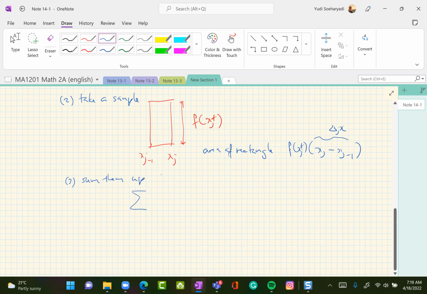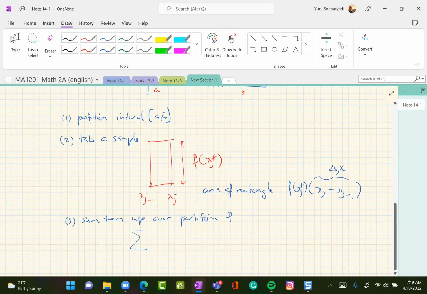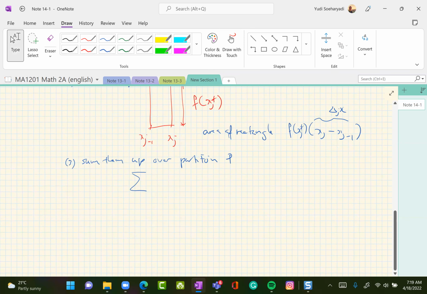So you sum them up over partitions P. Partition P. So this gives you f of xj star delta jx.